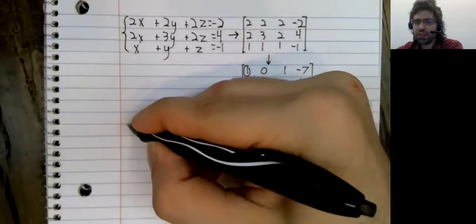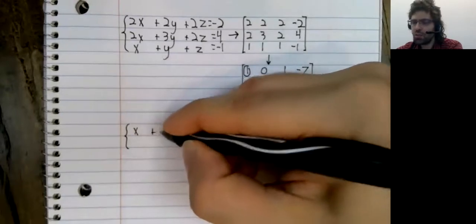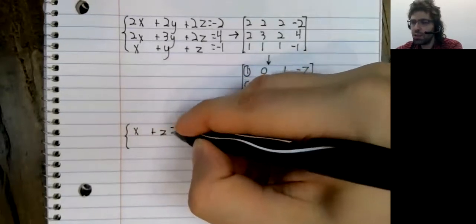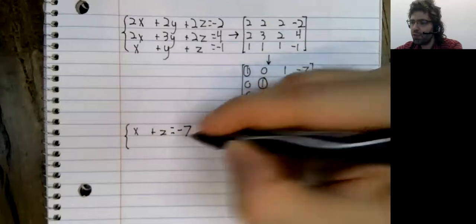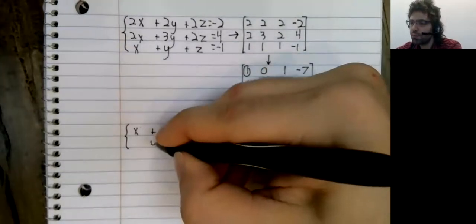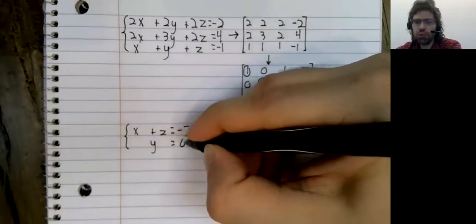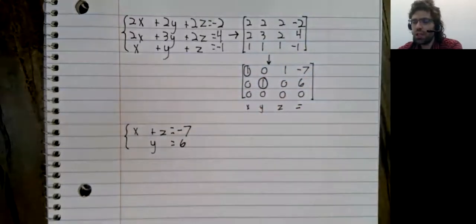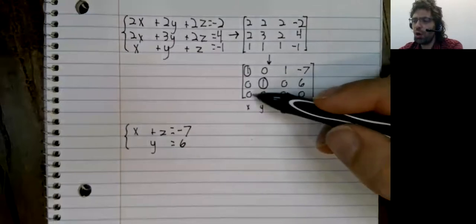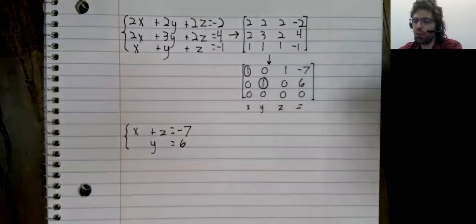We write the equations from the first row, from the second row, and a useless equation we don't bother writing down, that 0 equals 0.